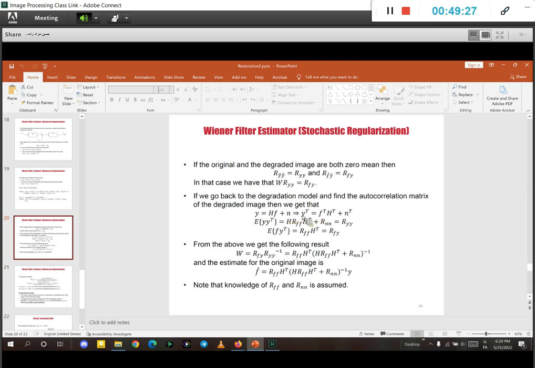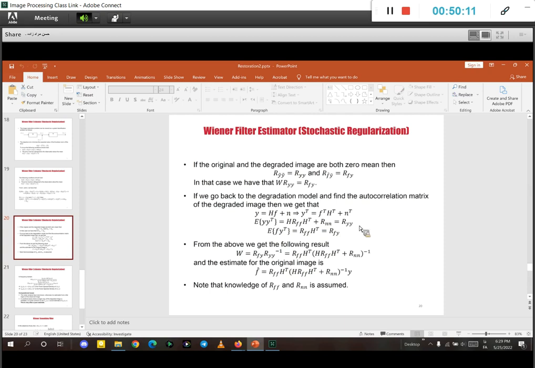If we go back to the autocorrelation matrix of the degraded image, we get that Y was H F plus N, and Y transpose was F transpose H transpose plus N transpose. The expected value of Y Y transpose is H times the autocorrelation of F times H transpose, plus the autocorrelation of noise.